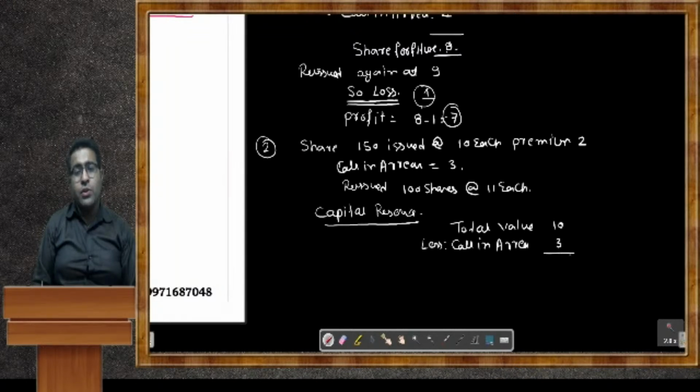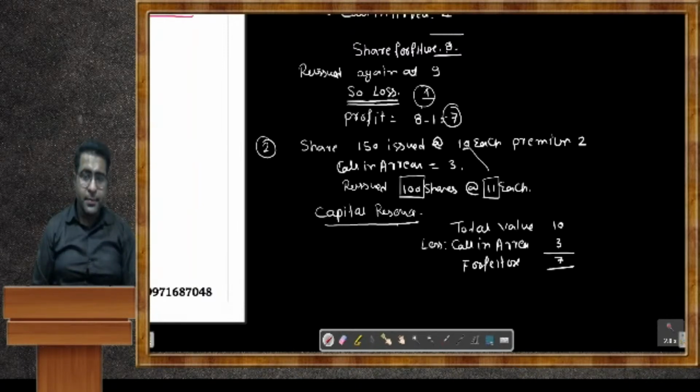of 3 rupees. So in the forfeiture there is 7 rupees. Now only 100 shares were reissued at the rate of 11. A 10 rupee share issued at 11, so there is no loss. So the whole 7 rupees is transferred to the capital reserve, on how many shares?